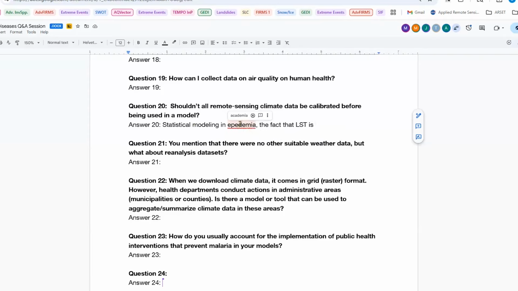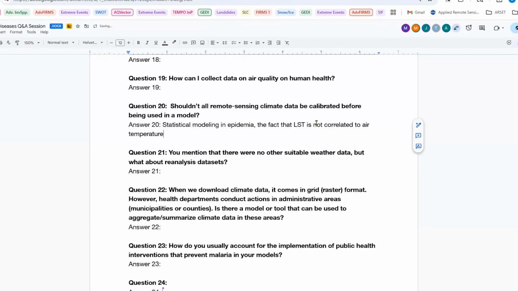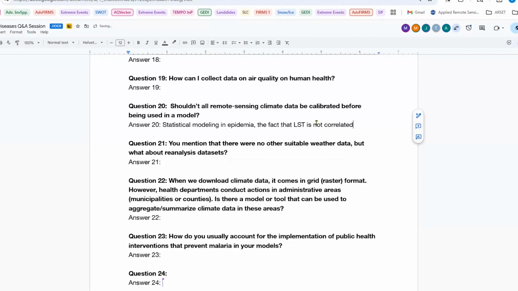We can work with that, because what we're looking for is more of a relative index over time. We want a stream of data that's telling us something about warm periods versus cool periods, wet periods versus dry periods. There are other types of models, though, where the absolute value of temperature is important.